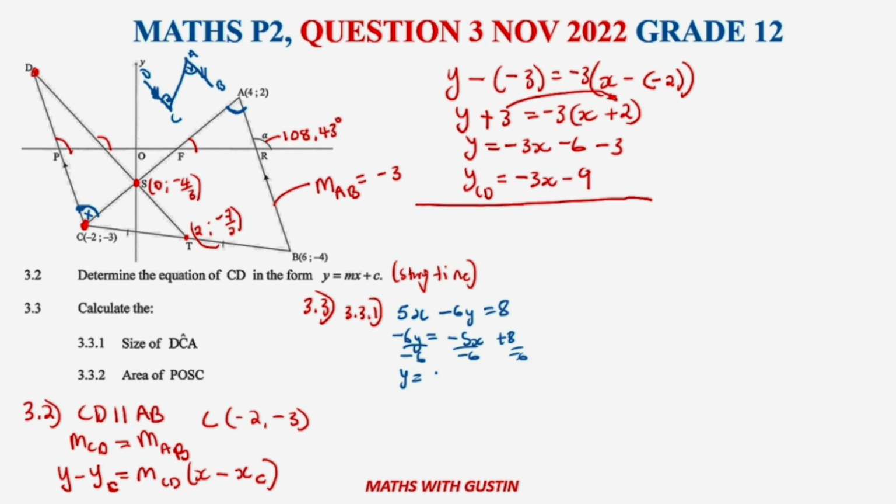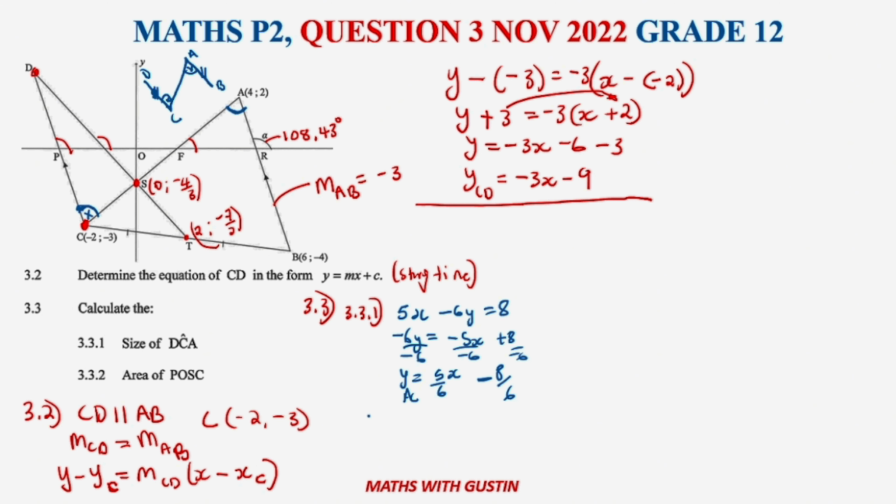Therefore y is equal to 5x over 6 plus 8 over 6, where it's negative here because we're dividing by negative 6. So now we know the gradient. This is the gradient for line AC, so it will give us this angle here, angle F.